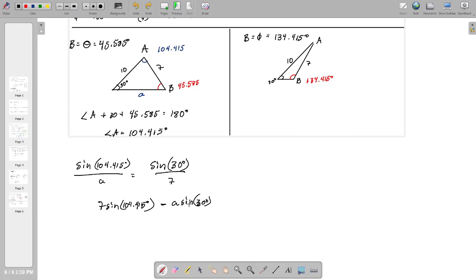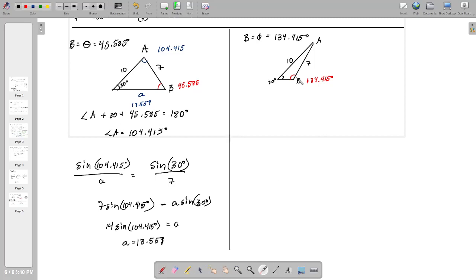Sine of 30 is just 1/2, so you multiply the 2 over and you get 14 sine 104.415 degrees, which is equal to A. And side A comes out to approximately 13.559. We do the exact same thing for the second triangle.